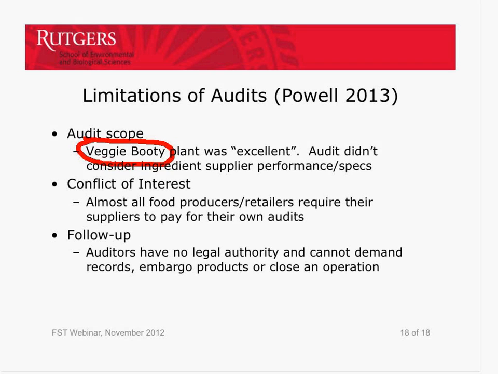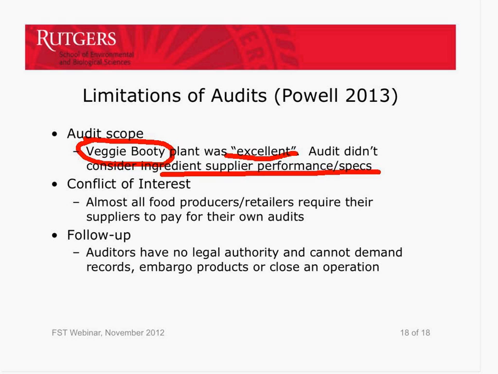This plant had an inspection that showed that they weren't excellent. However, the audit did not include supplier ingredient performance or specification. It was an ingredient sprinkled on this extruded vegetable product that was actually the source of the outbreak. So again, the audit scope, this gets back to the issue of the checklist, right? The audit scope was inadequate.